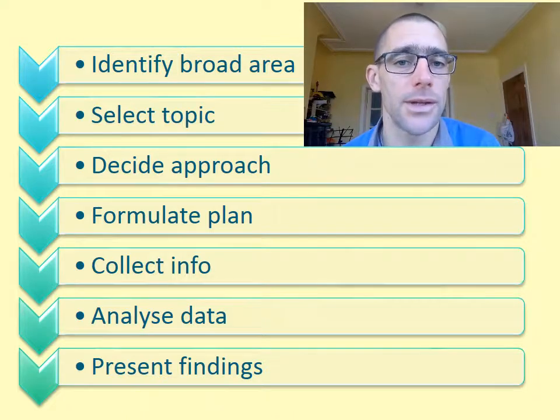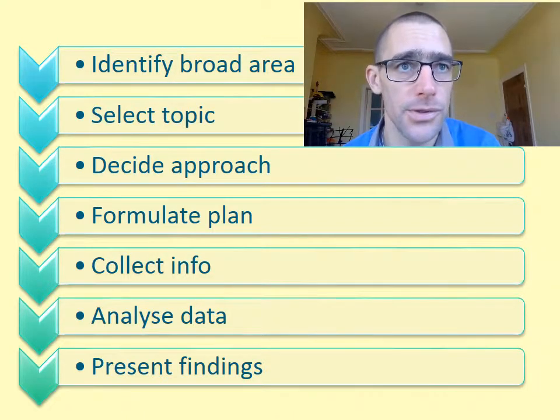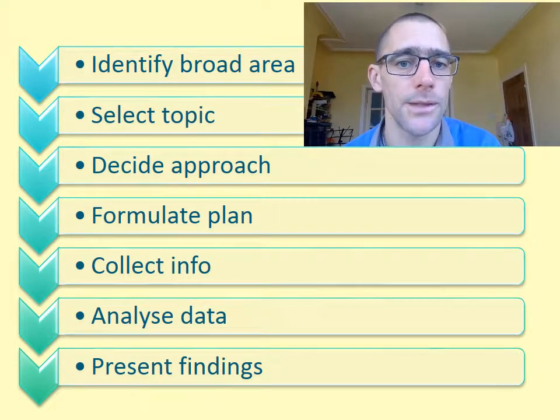The literature review can then help you decide on your approach to investigating your topic. It can help you develop your project plan and then think about what kinds of data you're going to collect, how you're going to collect and analyze it, and then present your findings.